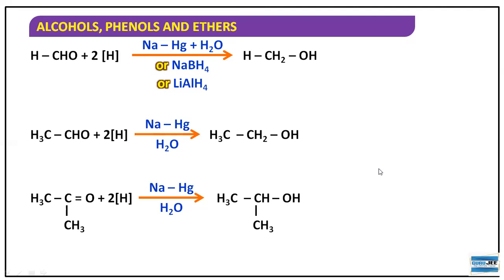But mostly people explain the mechanism I just explained: H plus attacking oxygen and then bond shifting happening, so a carbocation is formed. That is the most understandable mechanism, so that is the way we mostly explain it.